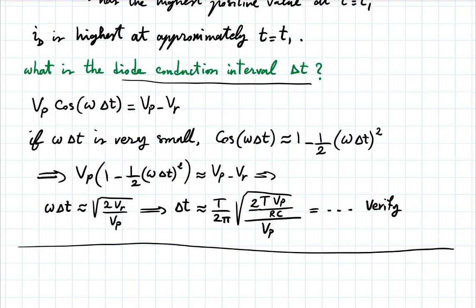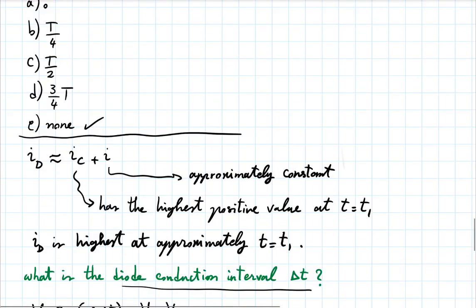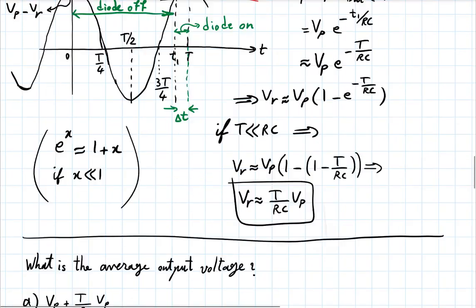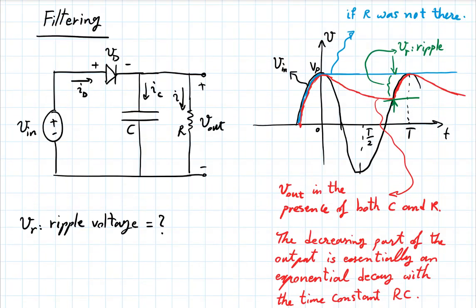Now I want to say a few words about why we call this filtering. What have I filtered? I have filtered out the negative part, you might say, but we call that rectification, right? So we already gave that a name. What have I filtered here?